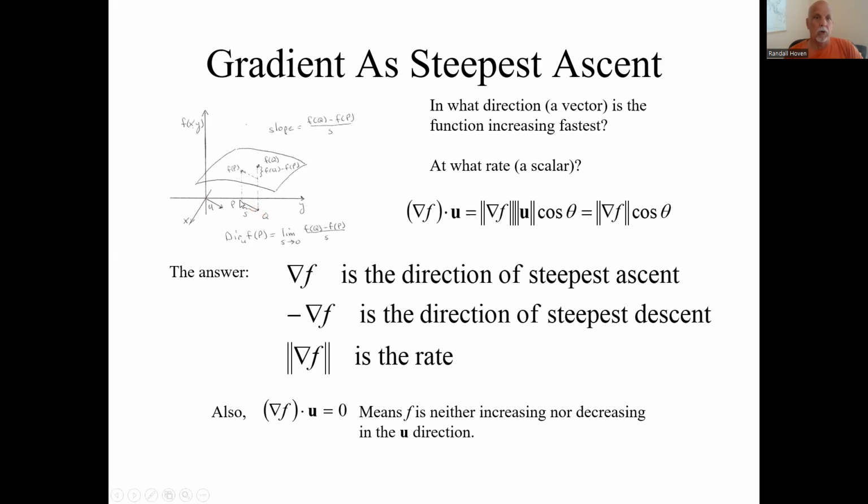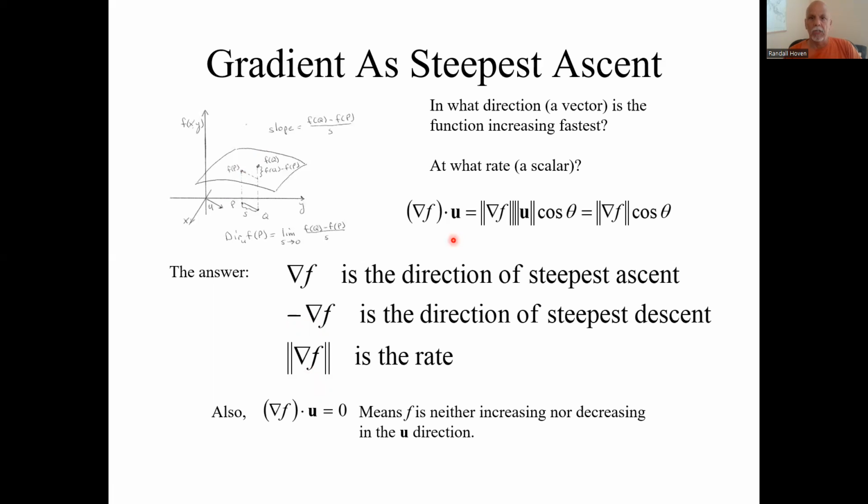If this were the u direction where it's increasing fastest, it means this surface is increasing fastest at this point in that direction, up fastest. And the exact opposite is where it's decreasing the fastest, and the rate is the magnitude of the gradient.